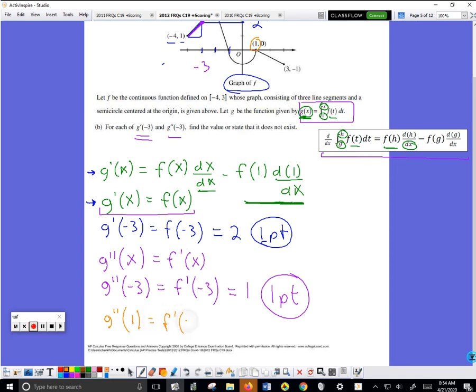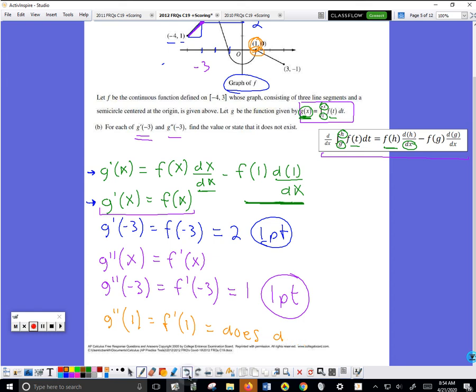You would look up and say the slope of f when x equals 1 cannot be found due to the corner, and so you would say f prime of 1 does not exist.